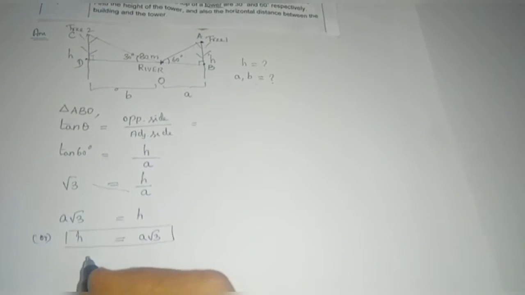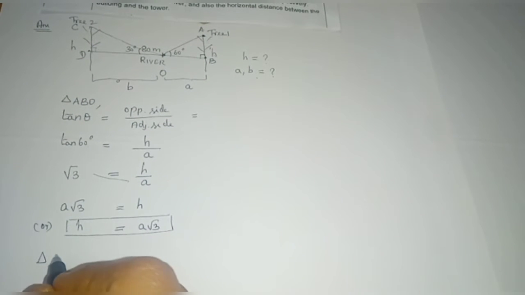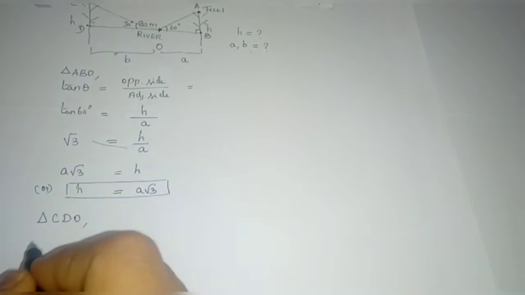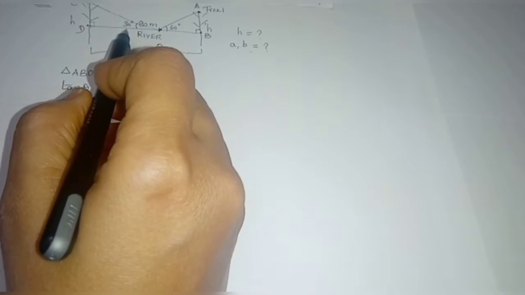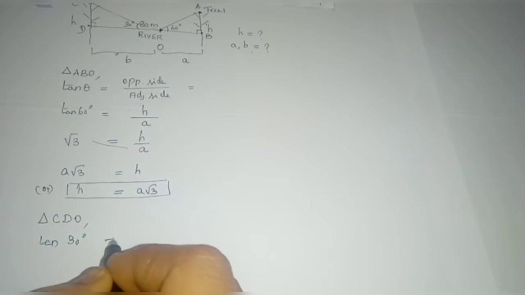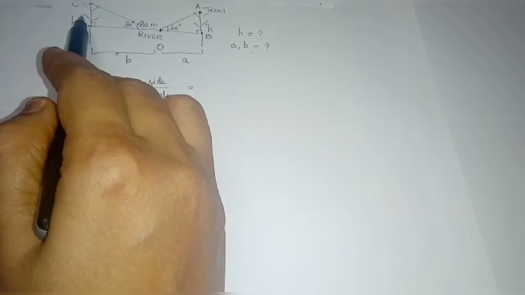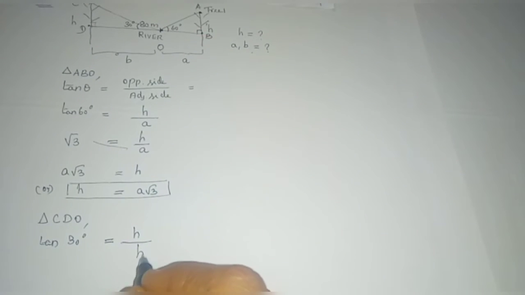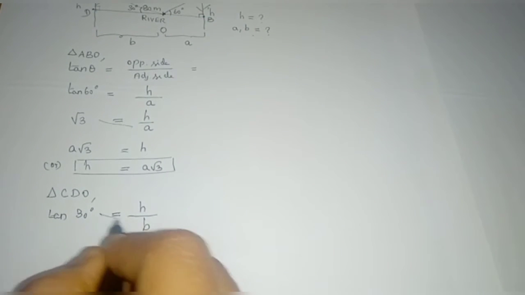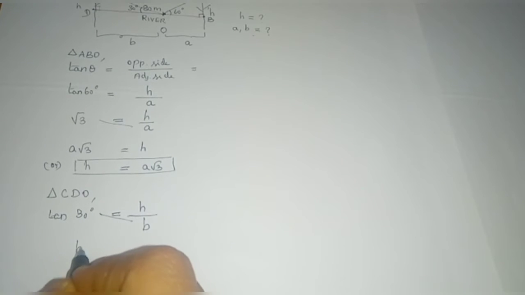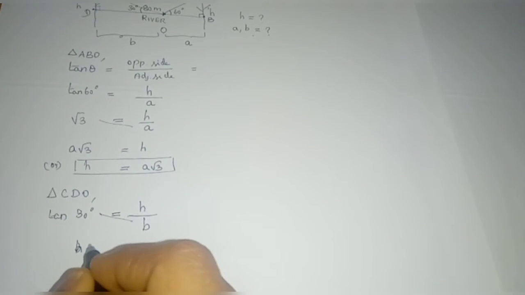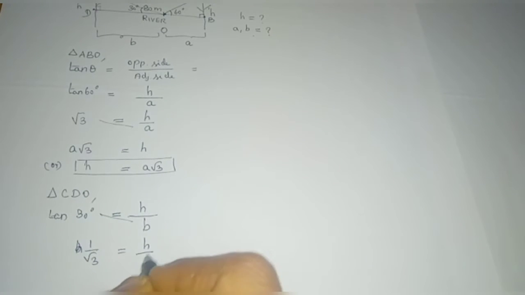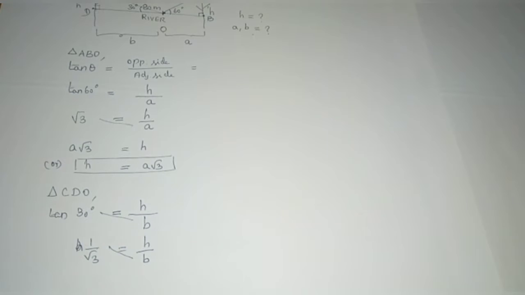Taking triangle CDO, here the angle is 30°, therefore tan 30° is equal to the opposite side, the height H, by the adjacent side, which is B. Tan 30° is nothing but 1 by √3, which equals H by B. If you cross multiply, then you will get H is equal to B by √3.